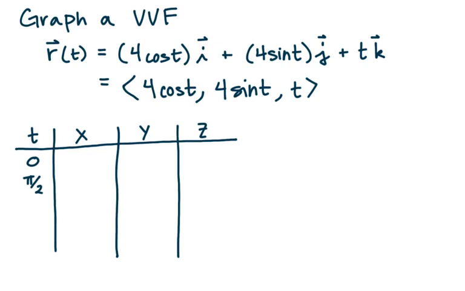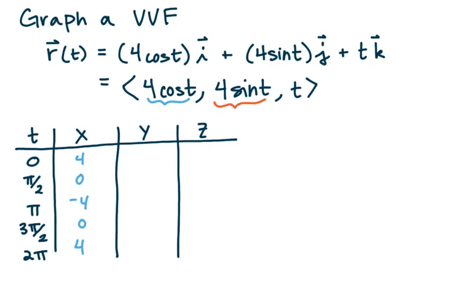So I'm going to count on my quadrantal angles. We've got 0, pi over 2, pi, 3 pi over 2, and 2 pi. Now, to complete my table, I'm going to look at these t values in each of my components. My x component is 4 cosine t, and I assume at this point you can plug these numbers in and get some outputs. So I'm just going to write down what I have on my paper here: 4, 0, -4, 0, and 4.